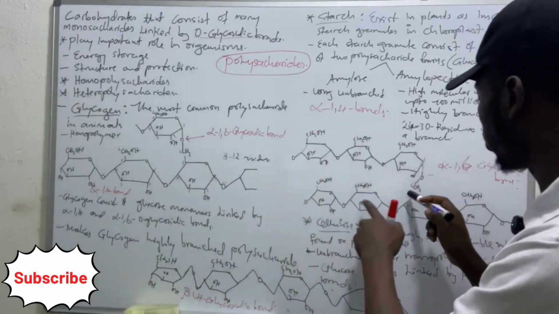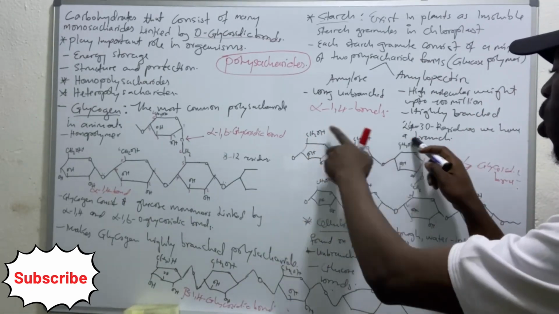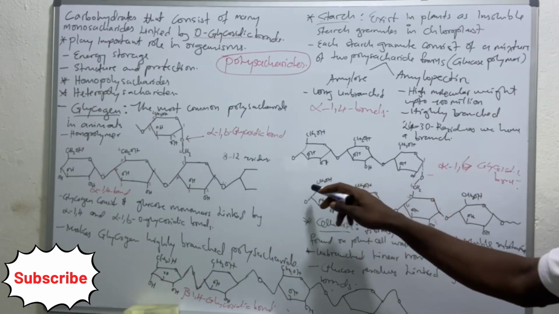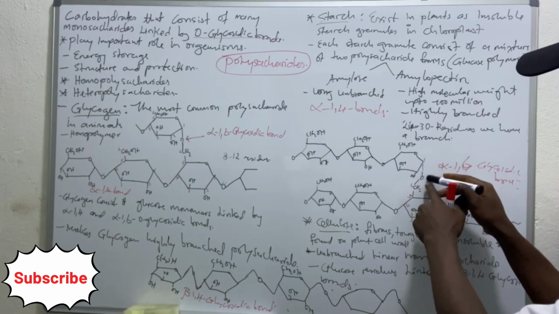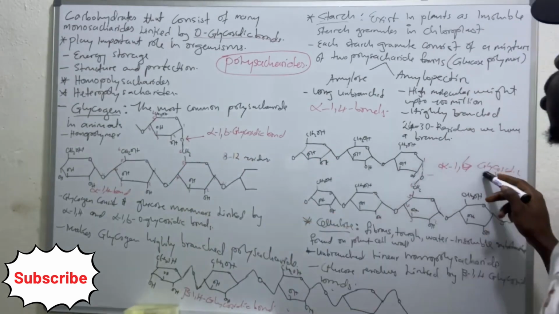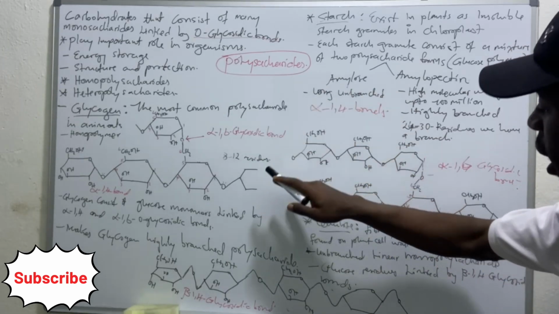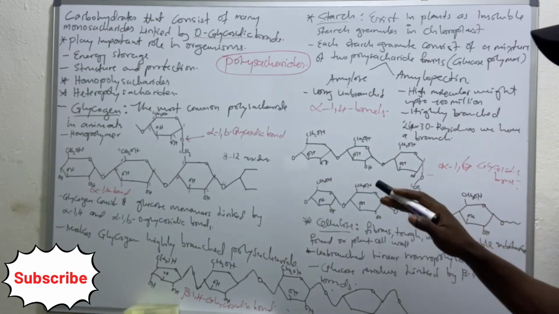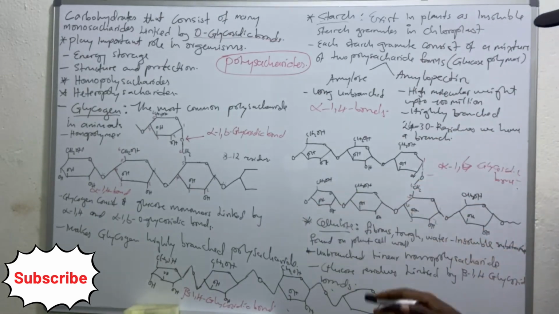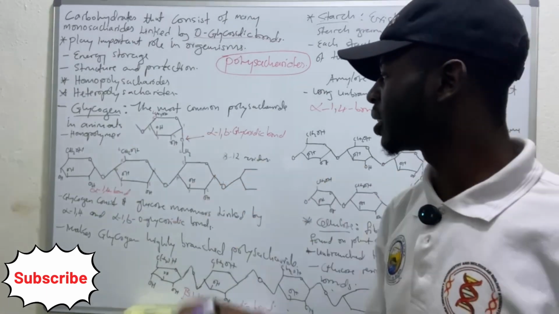If you look at the structure of amylopectin, after every 24 to 30 glucose residues, you have this kind of branch point, the alpha-1,6 glycosidic bond, just like in glycogen. While amylose is linear and unbranched. In amylose, you just have a series of glucose residues that are connected by alpha-1,4 glycosidic bonds, and there's no branch point there.